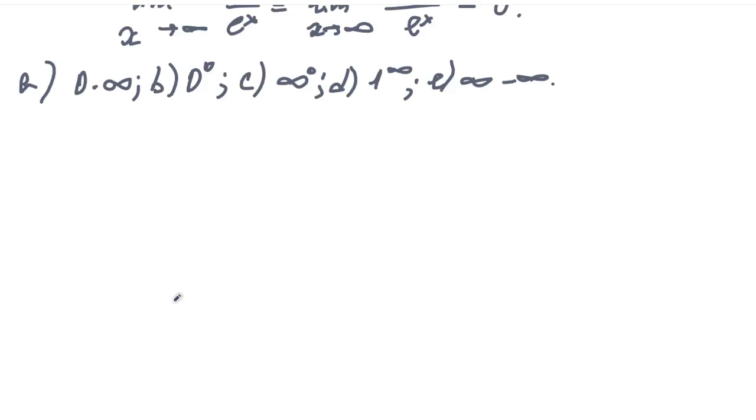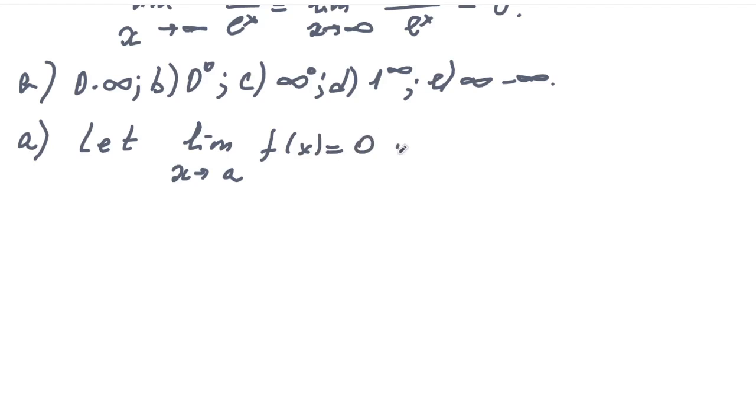Consider the case A, 0 times infinity. Let limit as x approaches a of f of x be 0, and limit as x approaches a of phi of x be infinity.